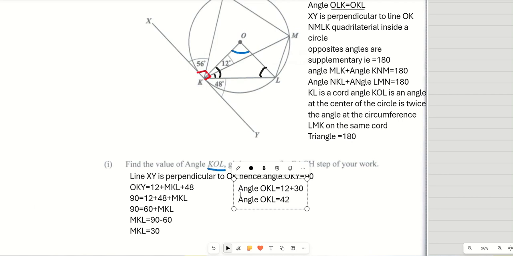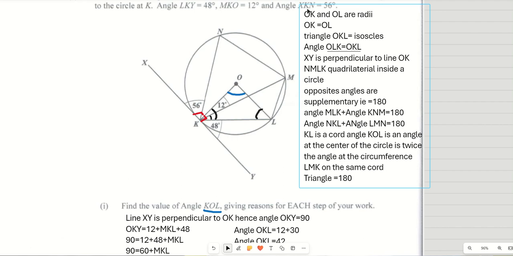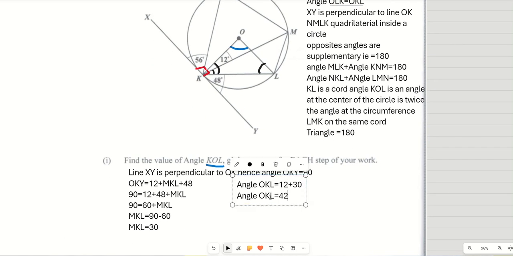Right? Now we're going into this where we say that OK and OL are radii, so they're equal, hence the angles OLK and OKL are equal. That is just to tell you how I would know OLK is also 42.